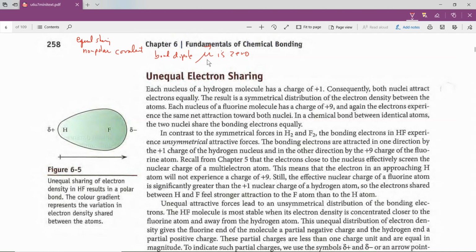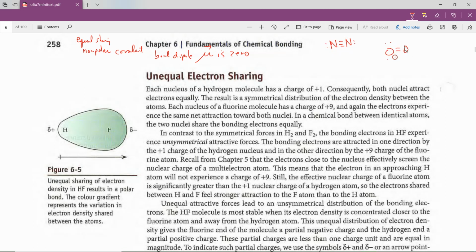Yes, I know we use mu for micro and a bunch of other things, but it is used for a bond dipole, and there is none here. There isn't a positive and a negative part because the sharing is equal. So whenever you have two atoms that are the same atom symbol, then your bond is nonpolar. So if I look at nitrogen, yeah, I know it's a triple bond, you remember that, that is a nonpolar bond.